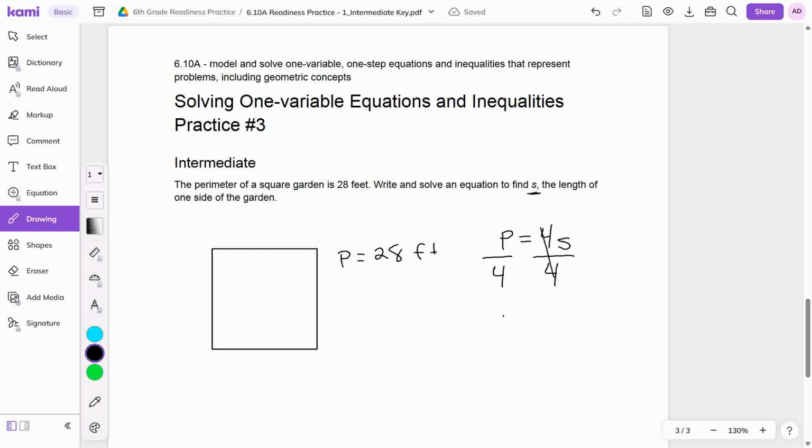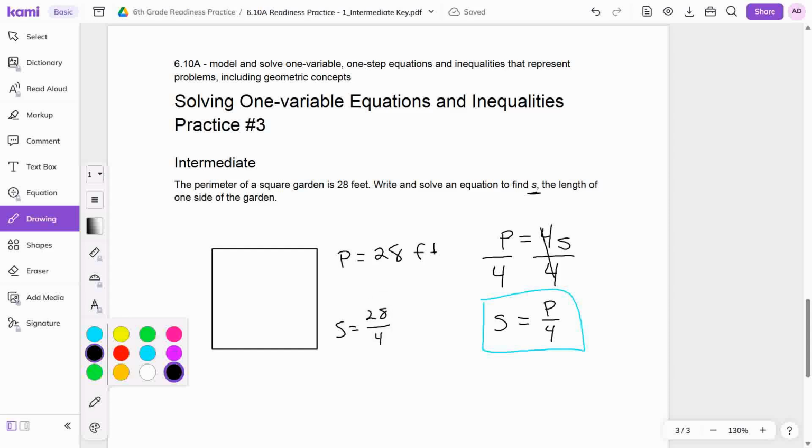And so I'm going to get, I'll put the s on the left, s equals the perimeter divided by 4. So that's going to be my equation for one side length. Now, if I want to solve that, I know that my perimeter is 28, so I can say s equals 28 divided by 4, and that's going to equal 7. And that makes sense because 7 times 4 makes 28, so I can say the side length is 7 feet.